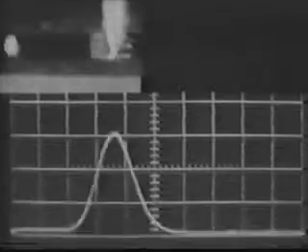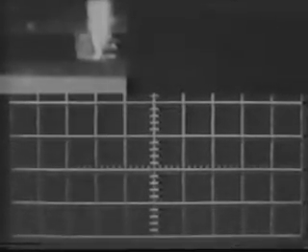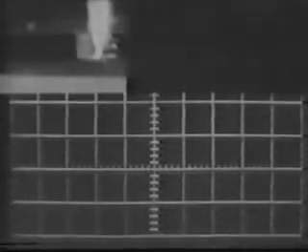To measure the drift velocity, we moved the detector by equal increments of distance and took still pictures of the pulses.